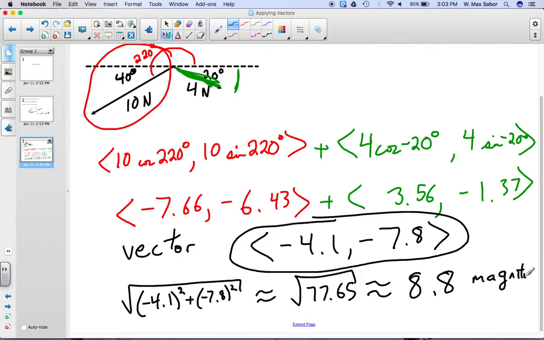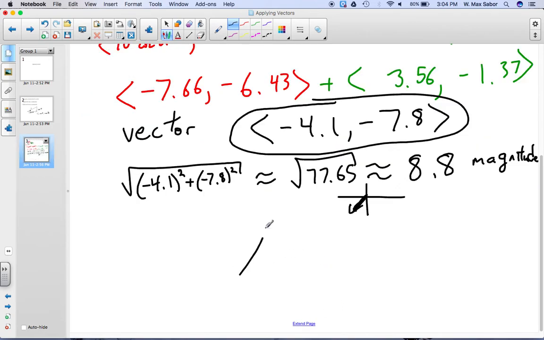If we wanted to find the direction, this is going to be in quadrant 3, and we can use arctangent of negative 7.8 divided by negative 4.1 in order to find the angle.